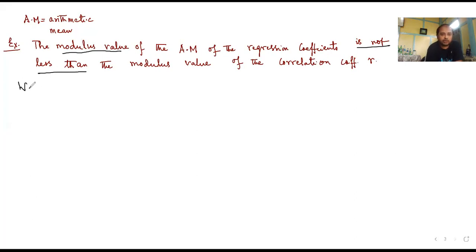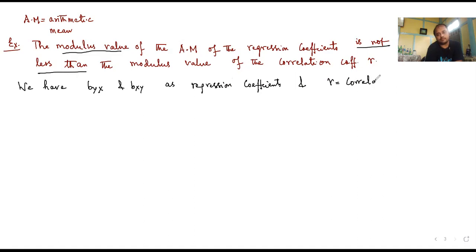So we know that we have two regression coefficients, byx and bxy. And R is the correlation between the two variables.